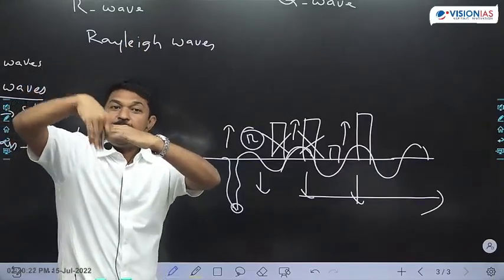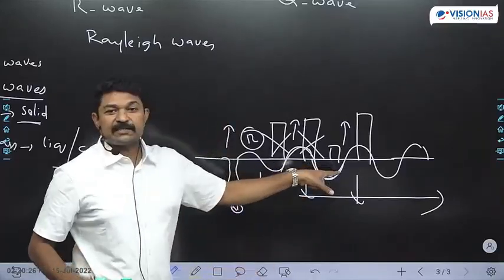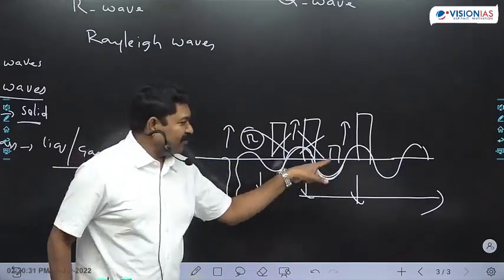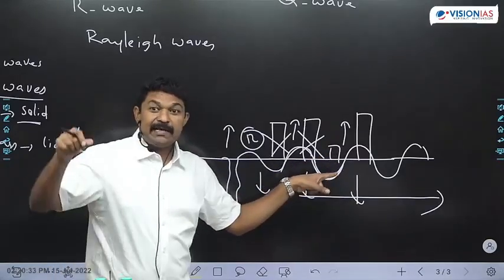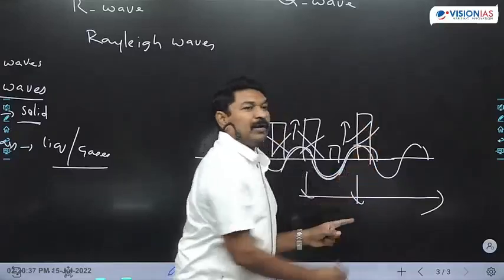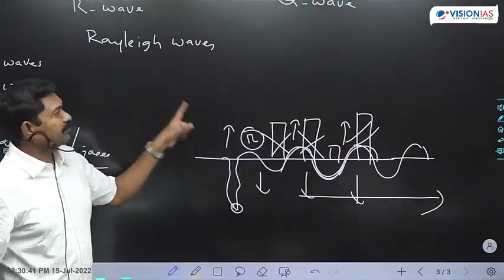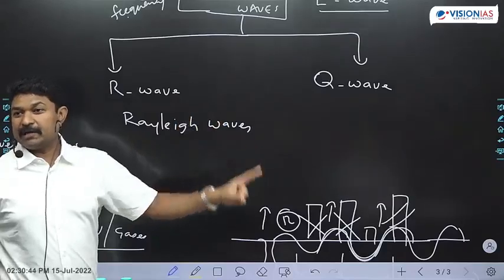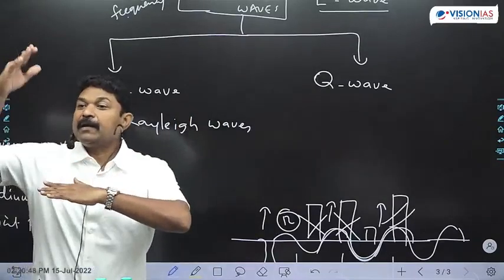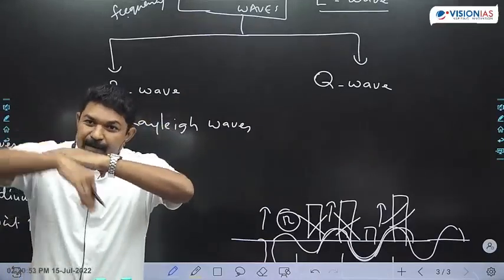But when the wave goes to the trough part, the intensity of destruction will be somewhat less. Got the point? There may be destruction, but the impact will be less. But whenever the wave is in the crest form, there is more intensity and it will be destroying. This is the R wave, discovered by Mr. Rayleigh. What is the direction of propagation of the wave? Perpendicular, in the form of crest and trough.